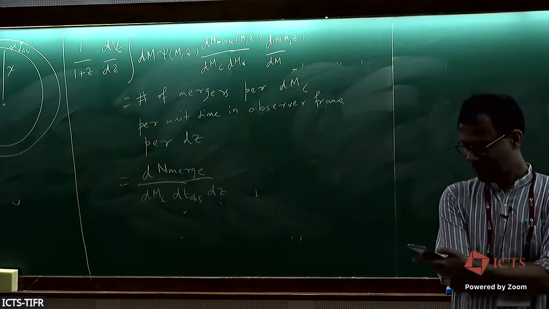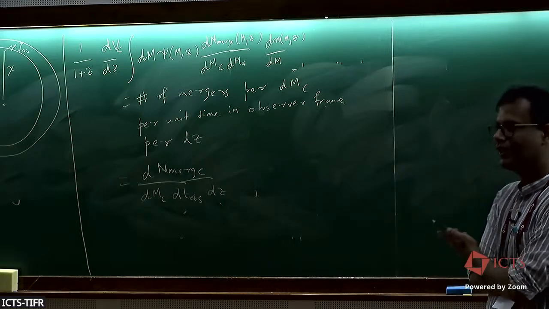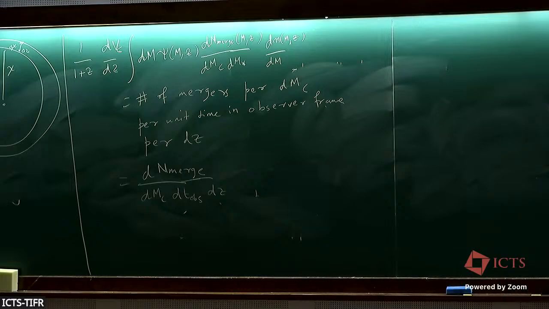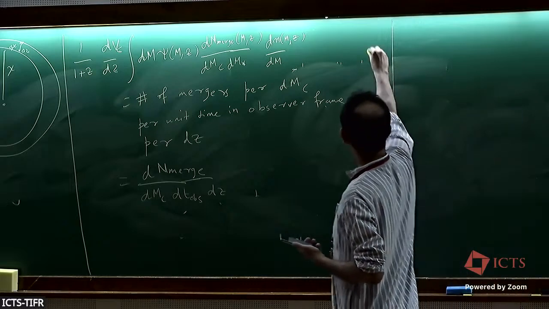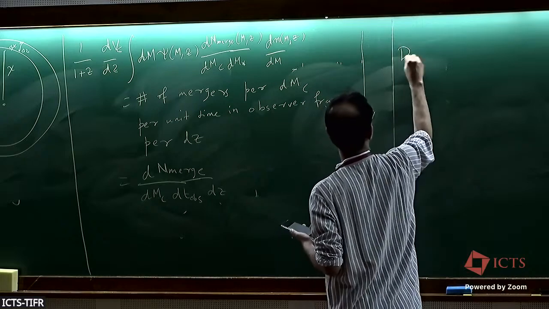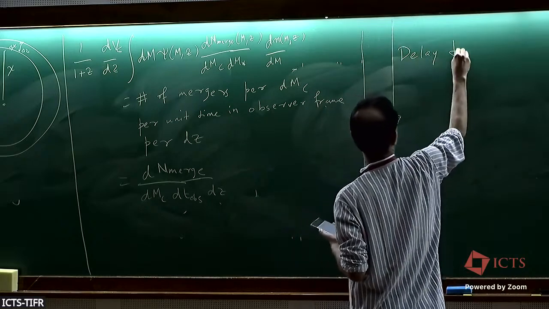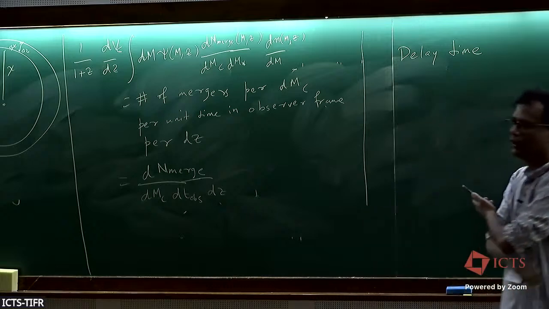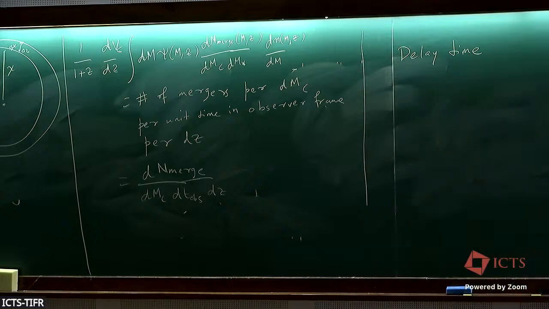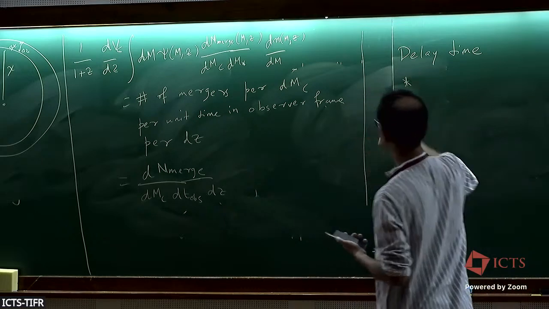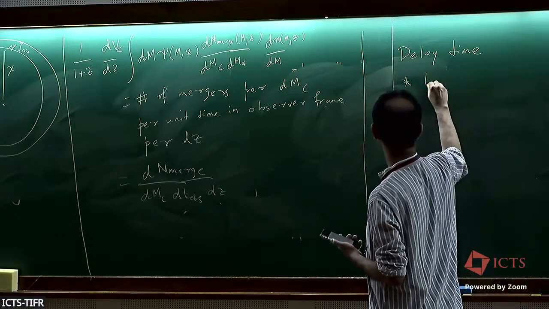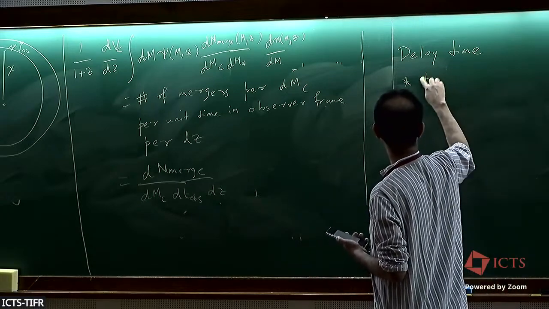Now there are various complications which we have to add, and the most crucial of that is the delay time. The delay time happens because you will form stars, but they are not immediately going to give you the gravitational wave events. There are mainly three contributions. One is the lifetime, the age of the star.